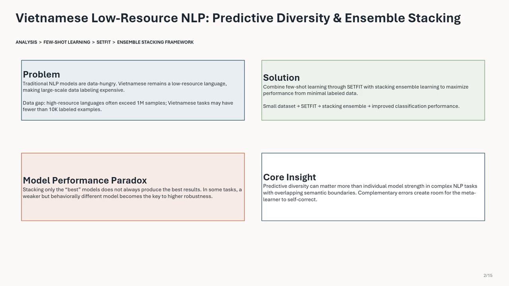Instead of training with a very large dataset, we train models with only a small number of examples. The key idea of this paper is also about model diversity. A stronger model is not always enough. Sometimes a weaker model can still help if it makes different mistakes.